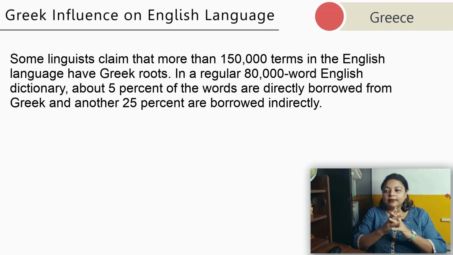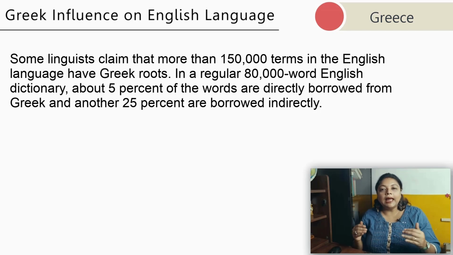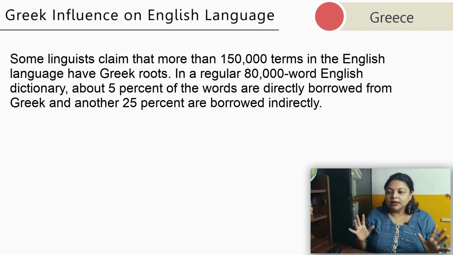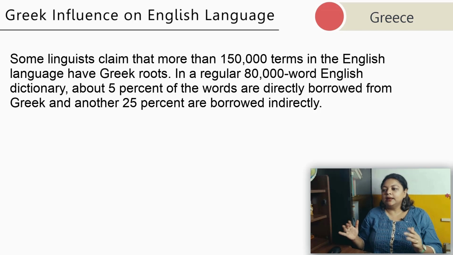And while doing this, we will try to figure out why this influence was happening and in which spheres of knowledge this influence was most prominent. All right. So first, let us look at the timeline of Greek influence.